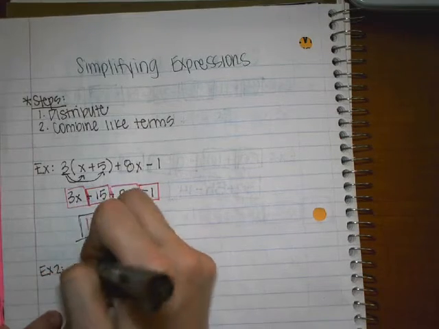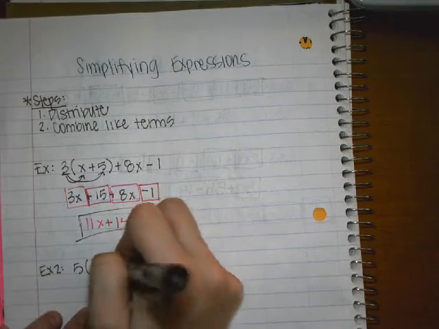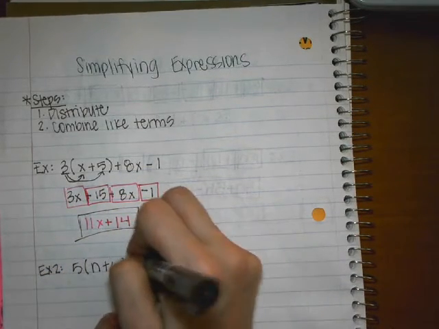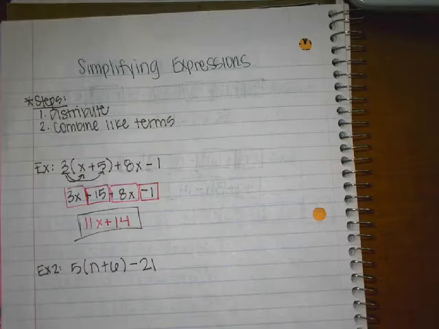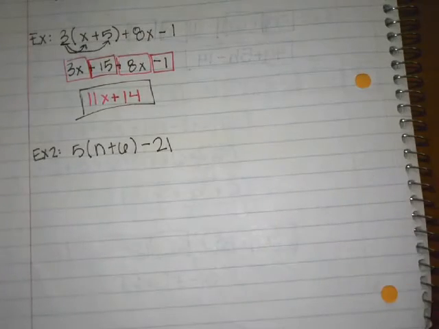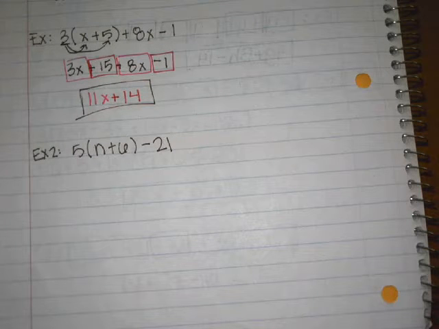Five parentheses n plus 6, minus 21. What is my first step on this problem, everyone? Distribute. Everyone distribute for me.